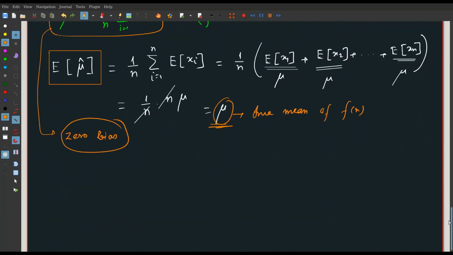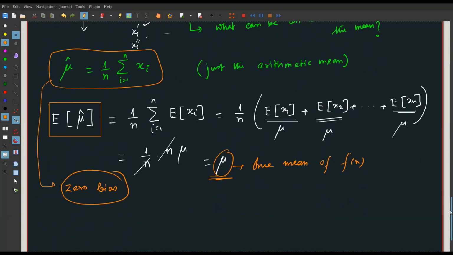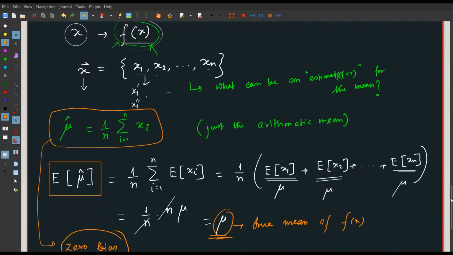Now again, this person comes to you with these values, and then the person asks, okay, what can be an estimate for the variance of the distribution? So this fx will have a variance, from these values, from this one measurement. What can I say about the variance of this distribution fx?